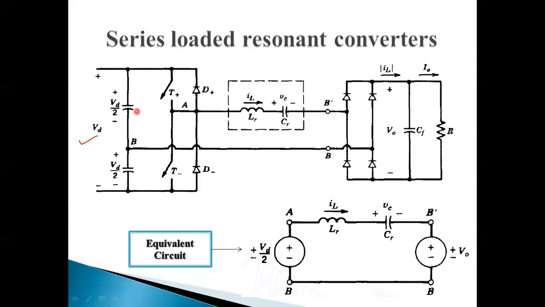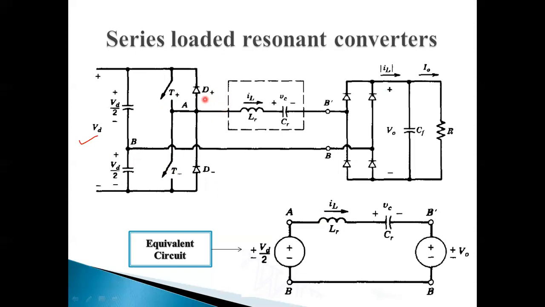The voltage across each capacitor is VD by 2. Let's consider these C1 and C2, so C1 is equal to C2, with voltage VD by 2. After this are the T plus and T minus switches. You can use a thyristor, IGBT or MOSFET, depending upon your application.